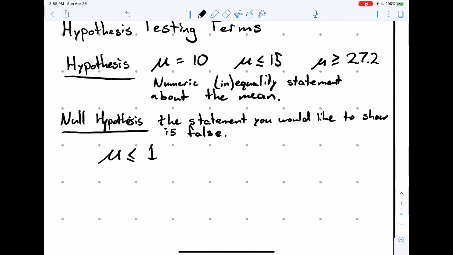That was in the motivation. This is often written with H subscript 0, pronounced naught, so H naught.